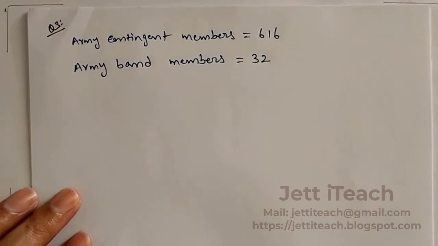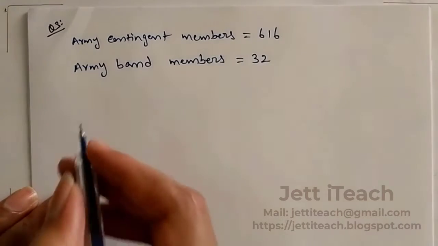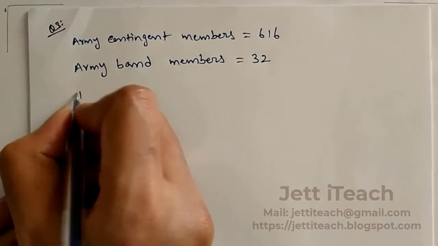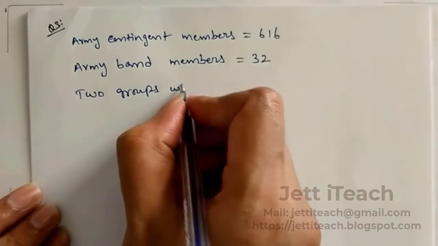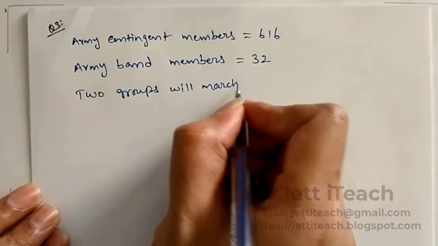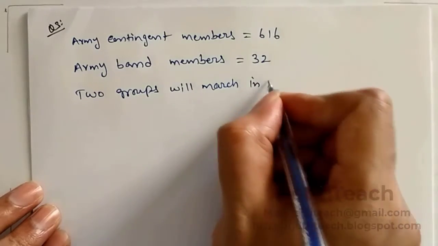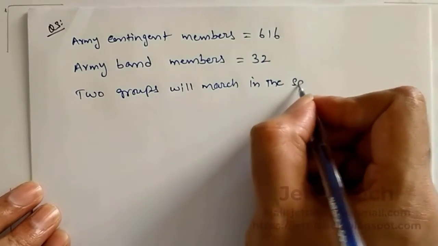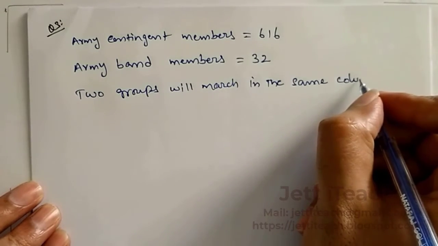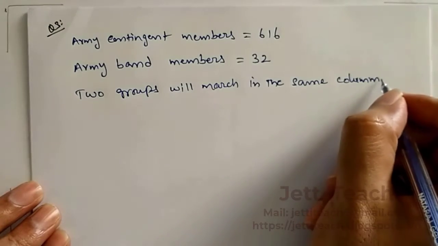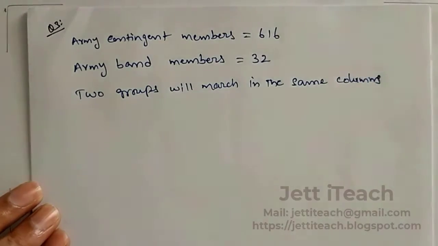Okay, so we need to find out how they need to arrange both the army teams. What they are given in the question: two groups will march in the same columns. Okay, columns.